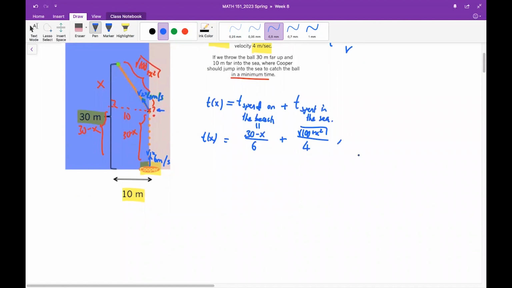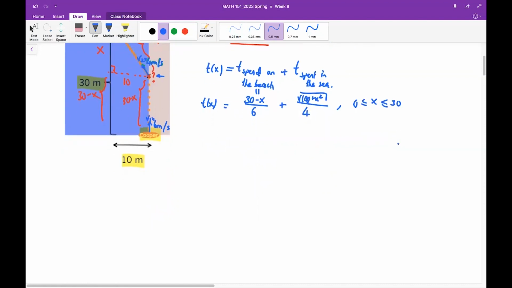By the way, let's also give the upper and lower bounds for x. I named x as the distance from this point to the ball, right? So x can be at least 0, and x can be at most, of course, 30. These are the upper and lower bounds for x.